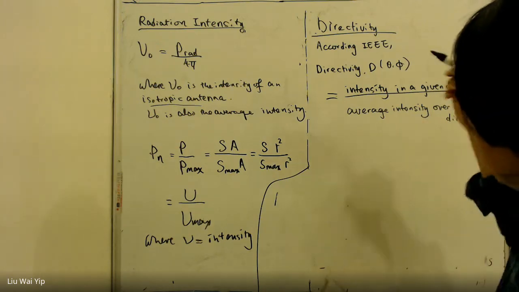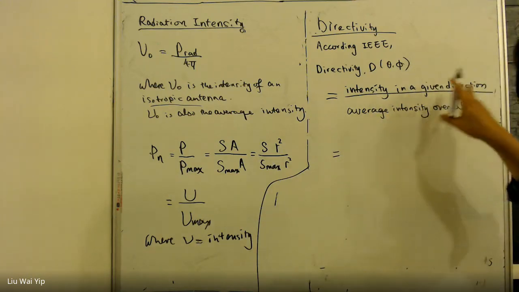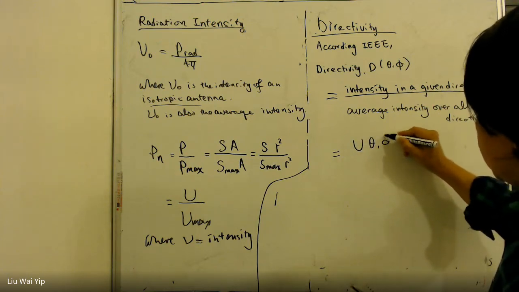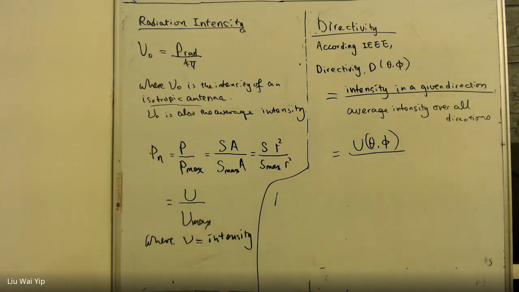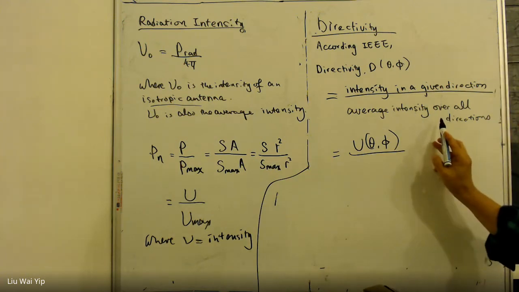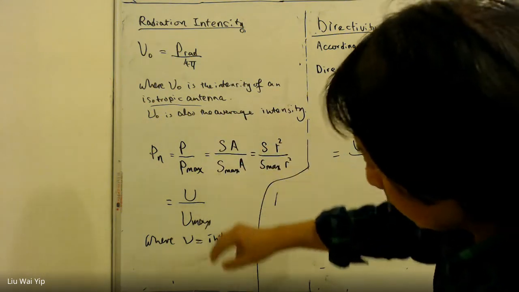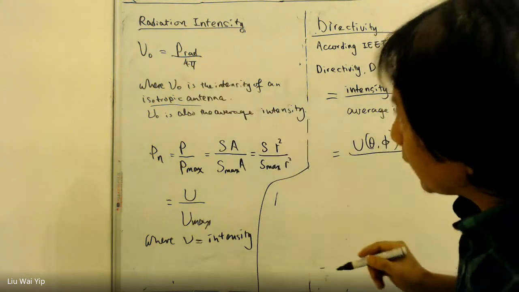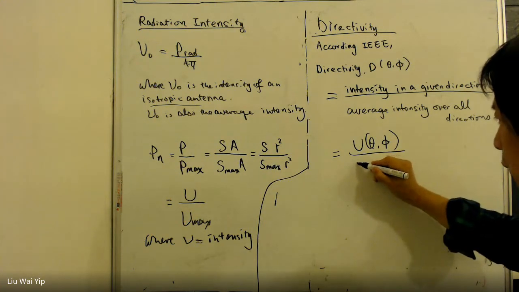The intensity in a given direction will be U of theta and phi, and the average intensity over all directions is the same as the intensity of the isotropic antenna, U naught.